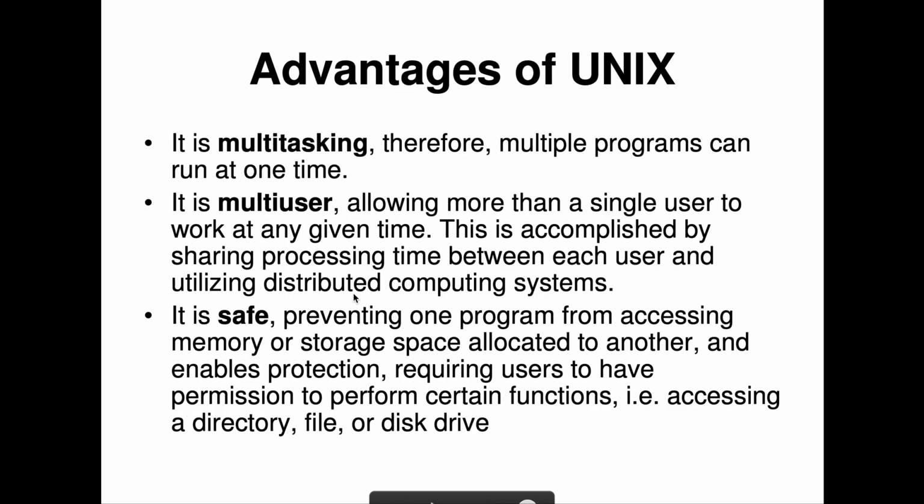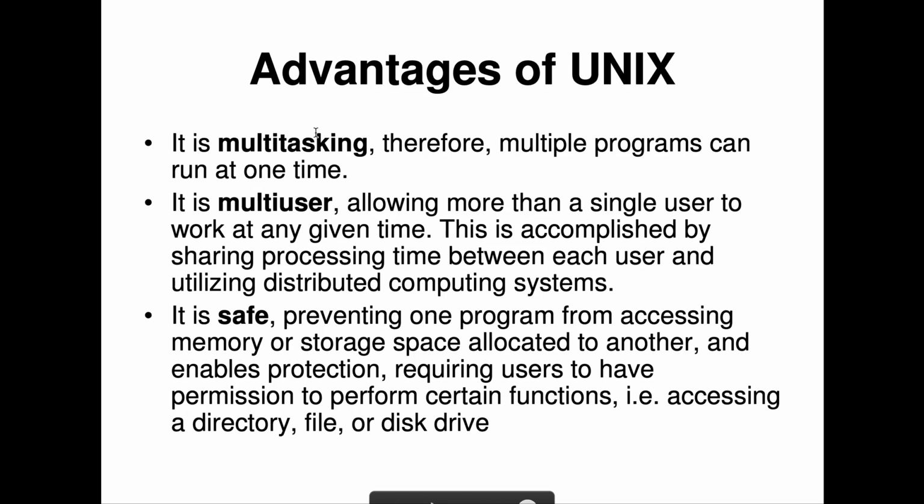Now we talk about the advantages of Unix. Again, many of these properties are common between operating systems. Windows has it, Linux has it, Mac has it. So by saying advantages, it is advantages compared with older operating systems, because it's different from the ones we had in the past.